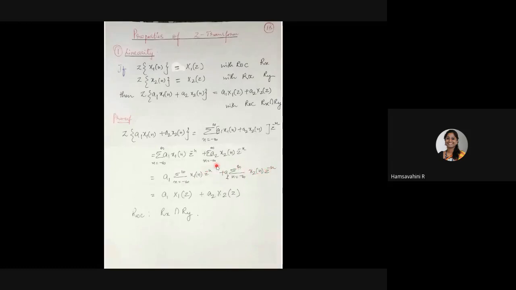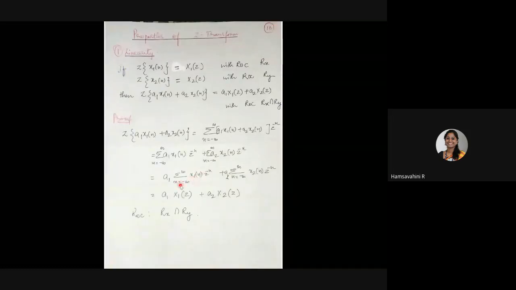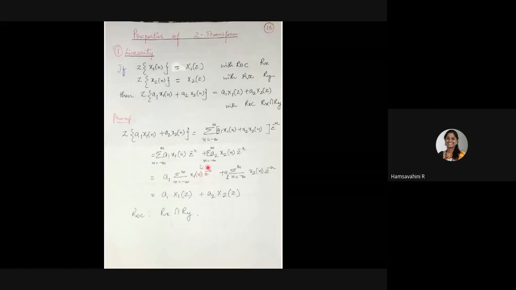Now if you observe this expression, this is the same as the x of z expression, only the difference is that in place of x of n, we have x1 of n. So I can write this as A1 x1 of z plus A2 into this term as x2 of z.